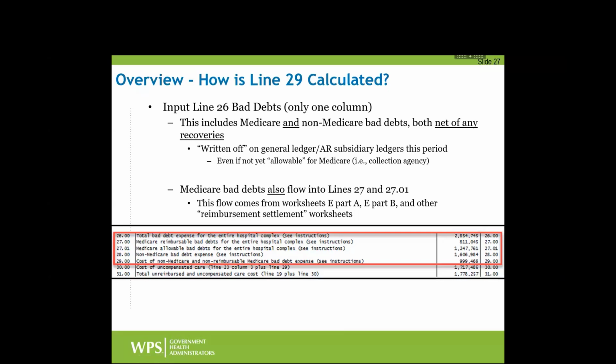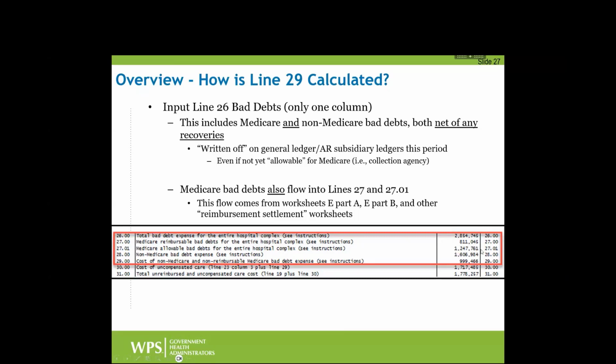It's still an allowable bad debt write-off for line 26 now, and then later on it'll show up on E-Part A in another year. The problem with that, it's another one of those disconnects, is that line 27 and 27.01 pull the amounts specifically from E-Part A, E-Part B, etc., to identify how much of line 26 they believe are Medicare bad debts. And I just said there is potentially a disconnect right off the bat.